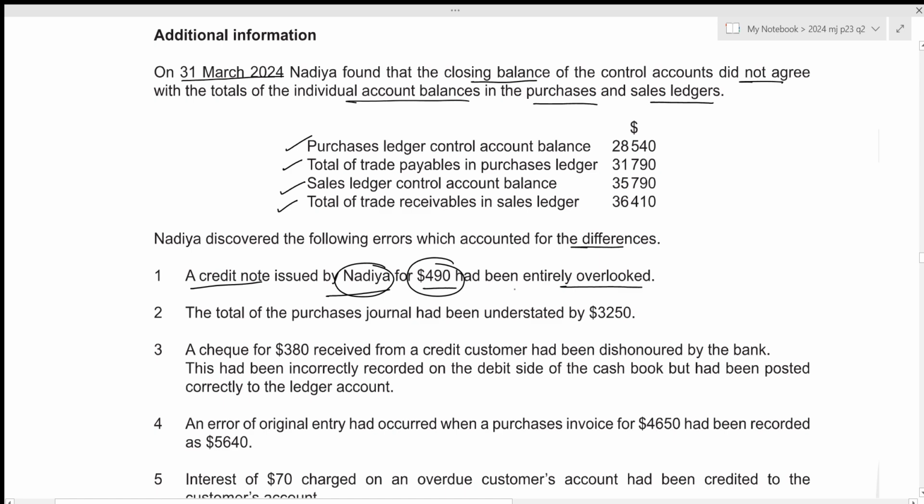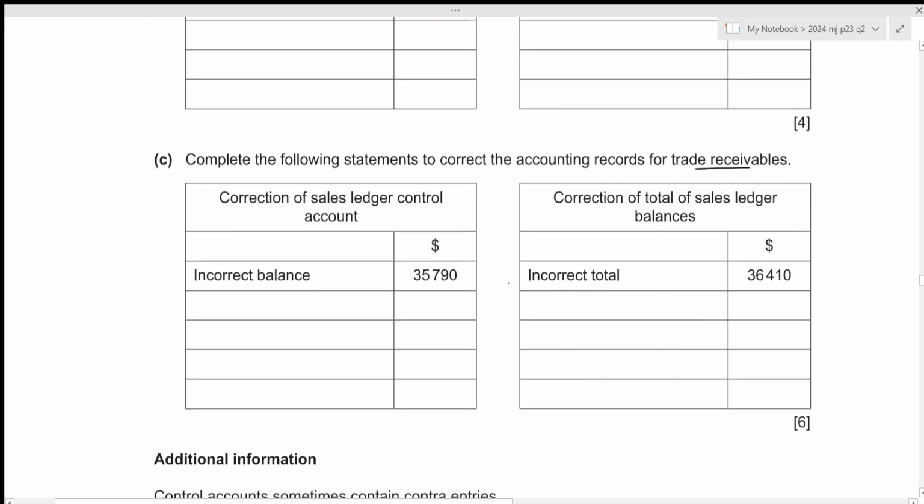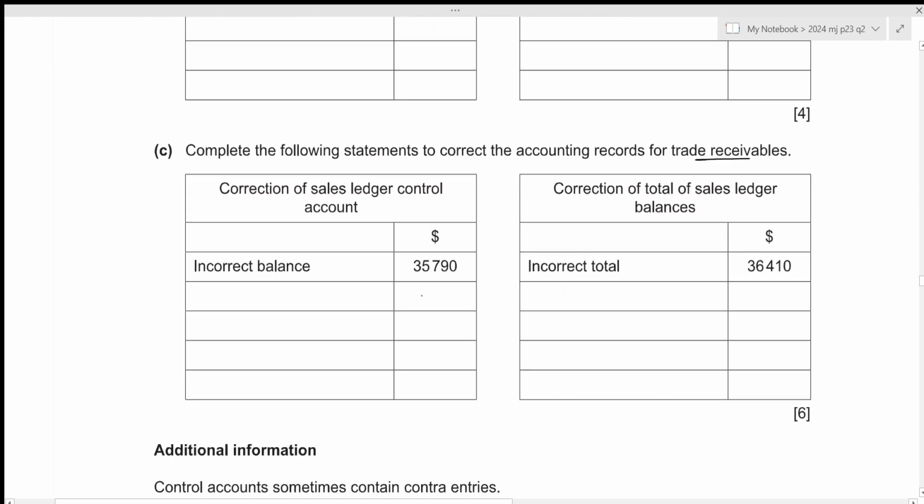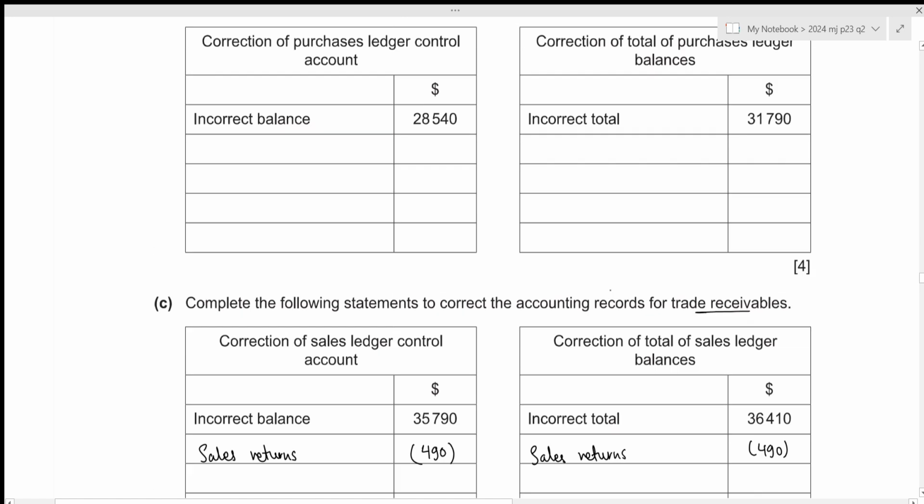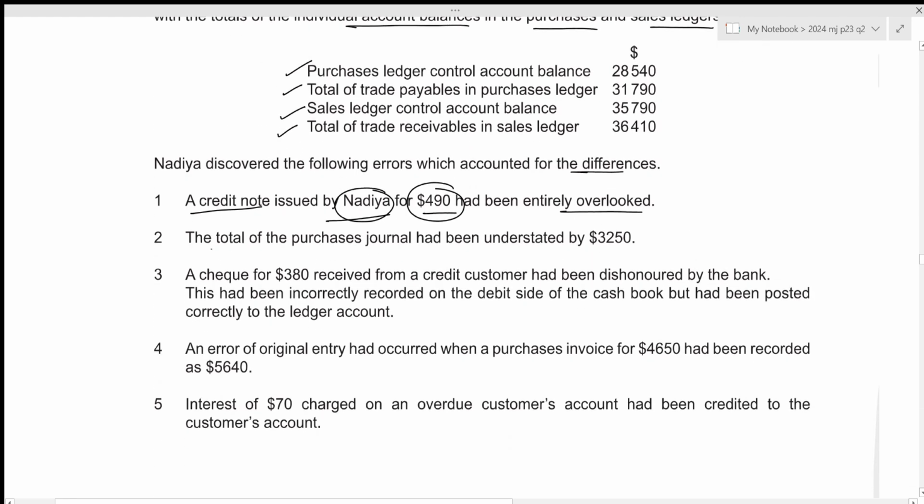And since this is sales returns, it will definitely reduce the balance of the trade receivables, which is why we will be subtracting this amount on both of these accounts. So 490 will be subtracted as part of the sales returns, and here as well we'll be subtracting 490 as part of the sales returns. Alright, that is all for the first information.